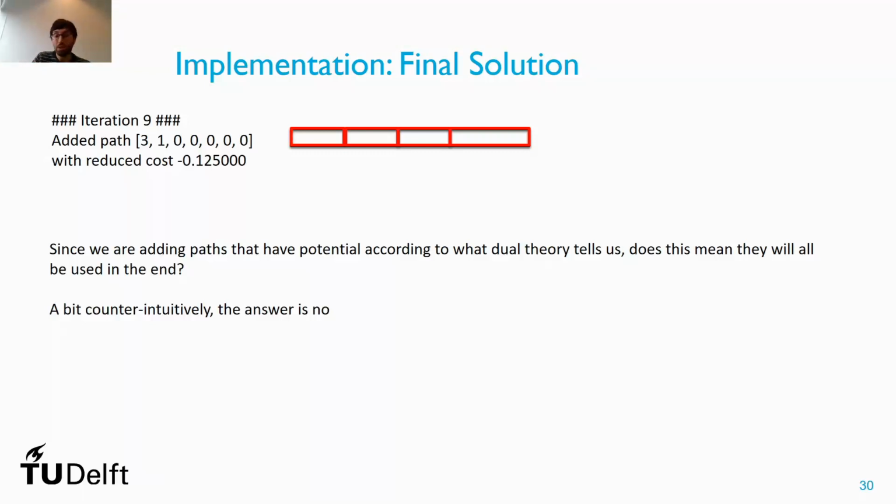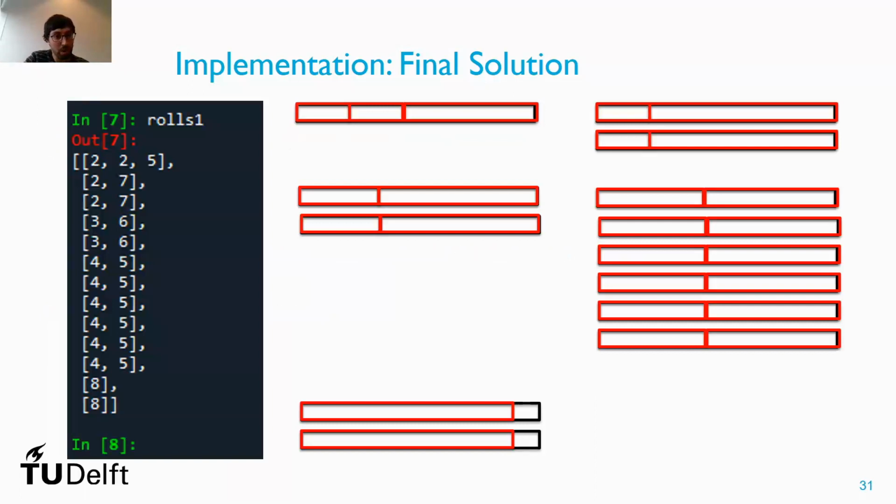A bit counterintuitively, maybe the answer is no, because if we plot what the rolls actually look like, this is the outcome. We have one roll with 2 pieces of 2 and 1 of 5. We have 2 rolls where we have 1 piece of 2 and 1 item of 7. We have 2 rolls with an item of 3 and an item of 6.